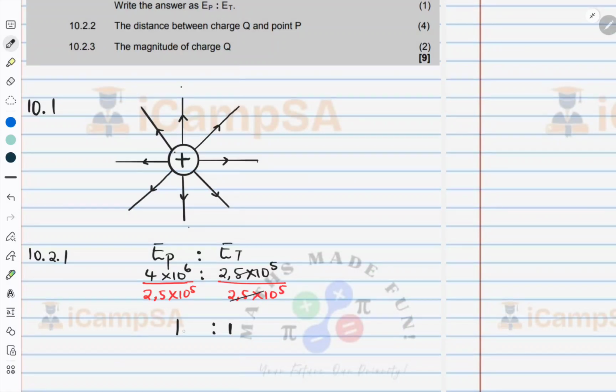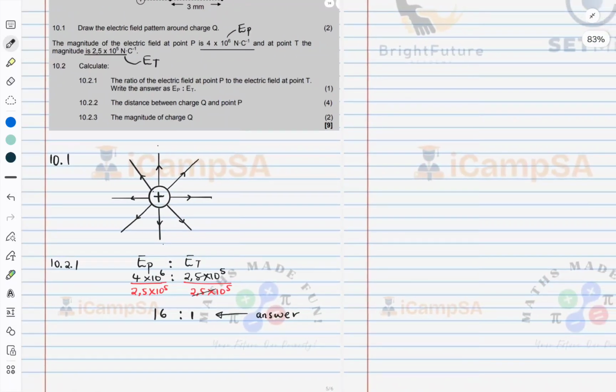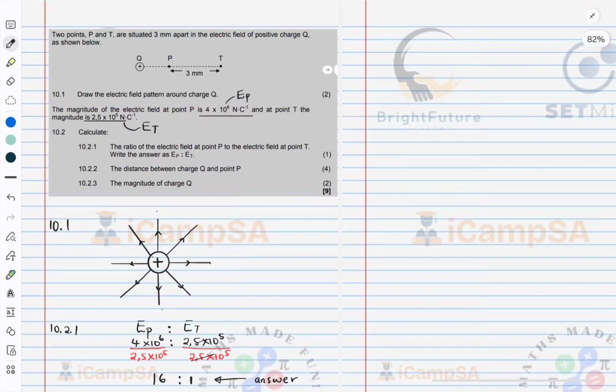So I get that this is 16. The ratio is 16 is to 1. That's how you find a ratio. That's a very interesting question for grade 11.